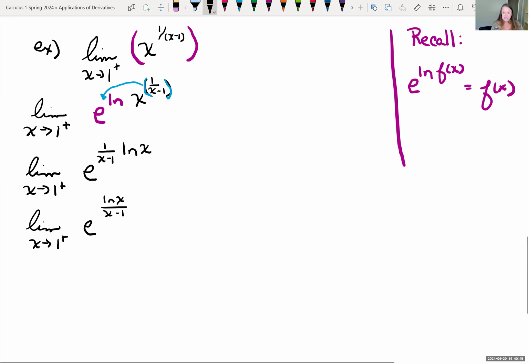Because e is a continuous function, we can use rules of limits here and just take the limit of our exponent. So we have e raised to the limit as x is approaching 1 to the right of the natural log of x all over x minus 1.